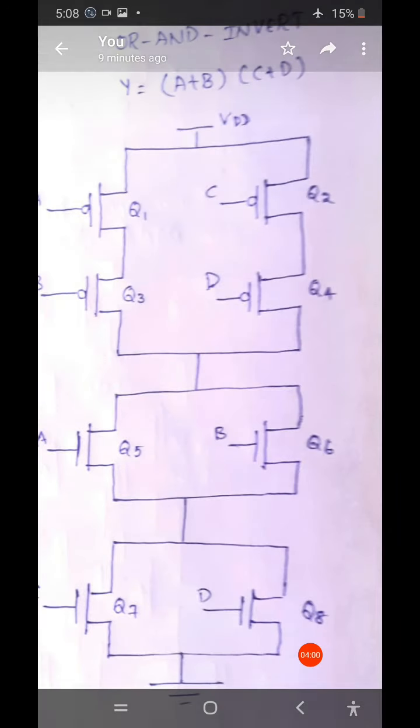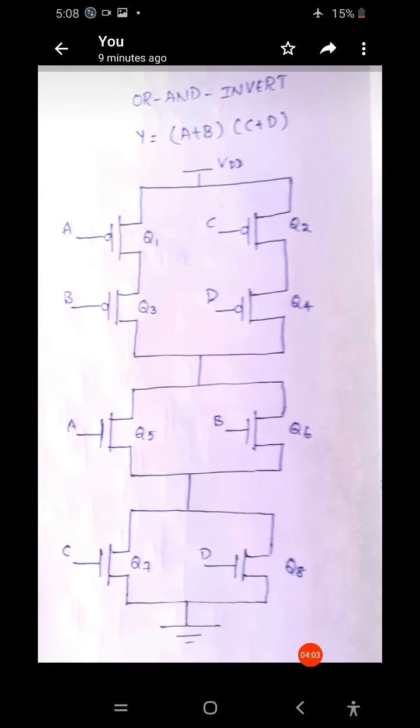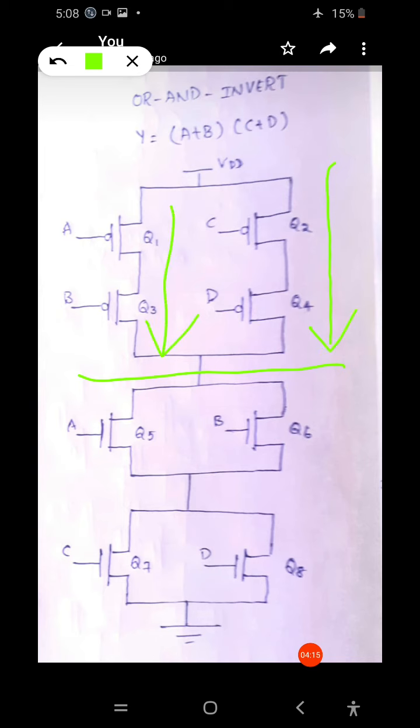Now we are going to connect both the pull-up network and the pull-down network, right? The pull-up network block has PMOS transistors and the pull-down network has NMOS transistors. This is the total figure, having both. Here this is the pull-up network, where the PMOS transistors are connected in series.